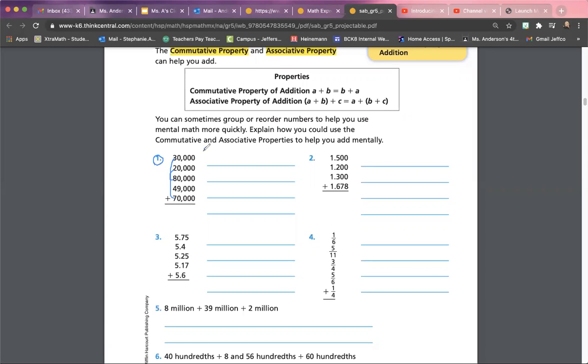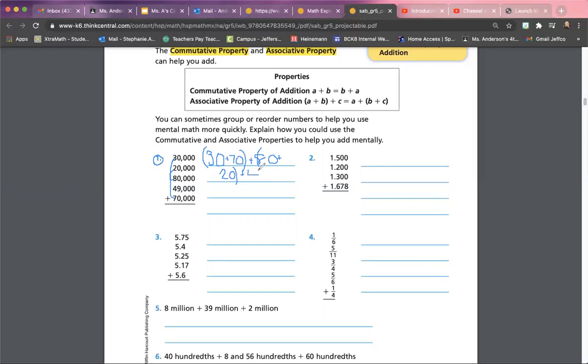So I might use my associative property here, and I might say, I know that 30 plus 70 is going to go in the parentheses here because that's familiar to me, plus 80 plus 20. And again, I apologize for how messy it is when I write on my computer. And then plus 49.